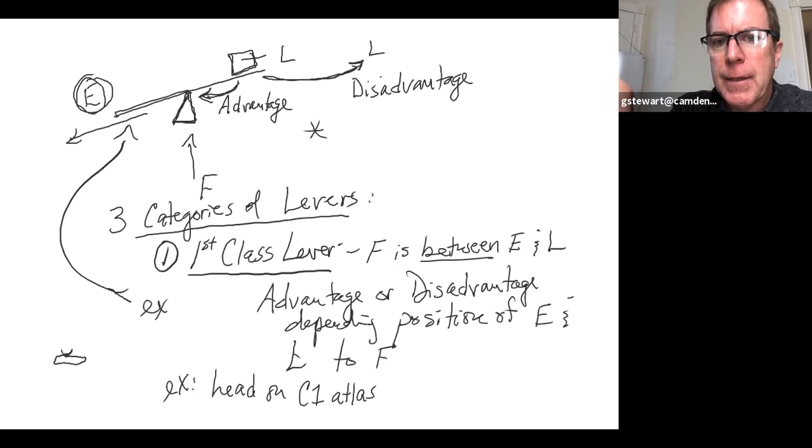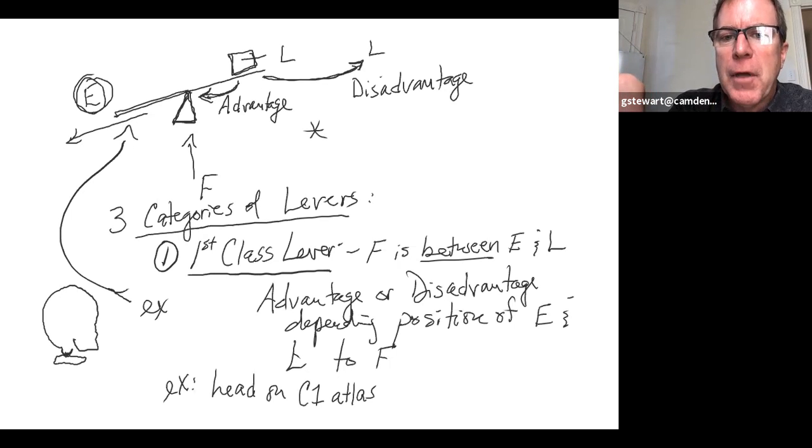The occipital condyles on the occipital bone sit in there. There's the skull. The muscles on the back of our head and down the posterior side of those cervical vertebrae are the effort.